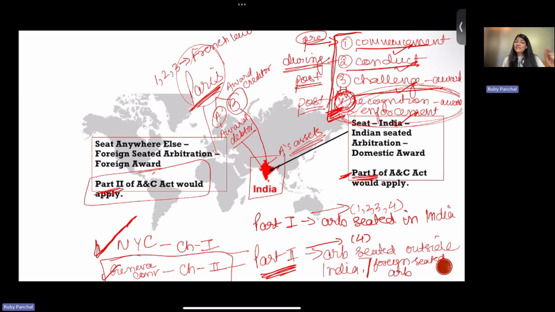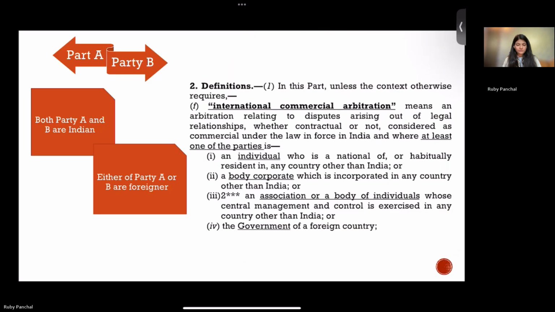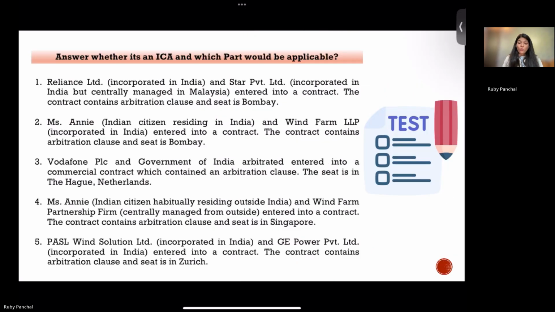And that should lead you to answer the follow-up question: how are we defining international commercial arbitration under these two separate parts, which is Part 1, wherein arbitration is seated in India, and Part 2, wherein arbitration is seated outside India. So the first one, where arbitration is seated in India.